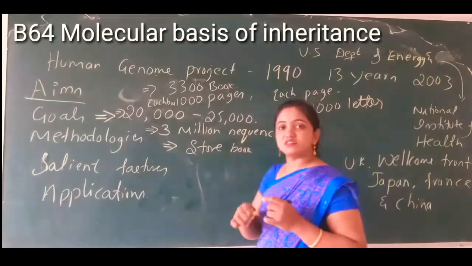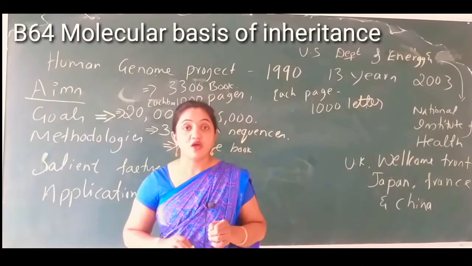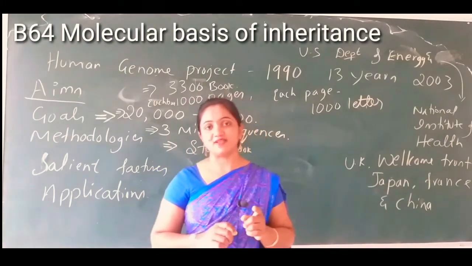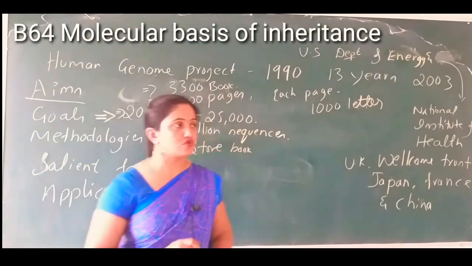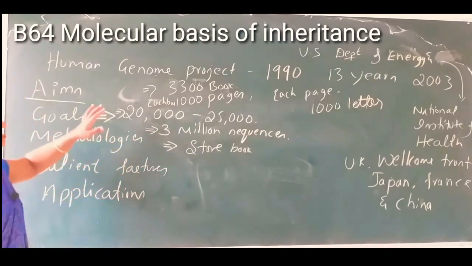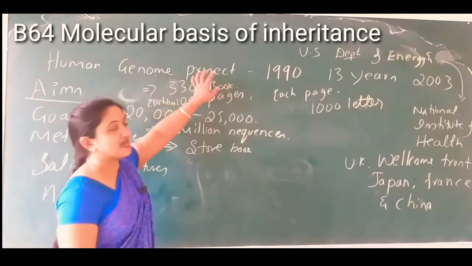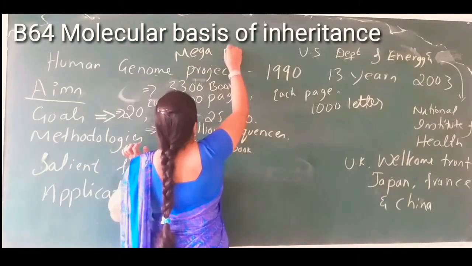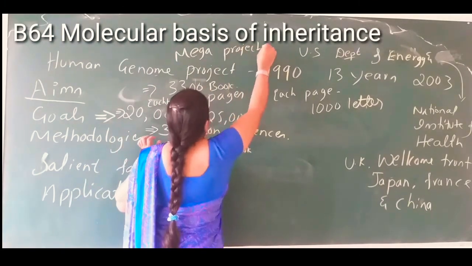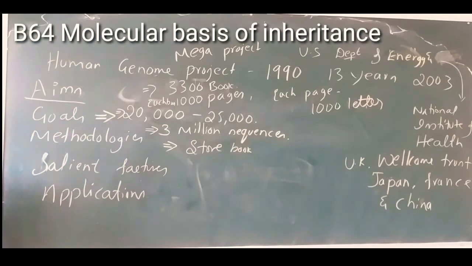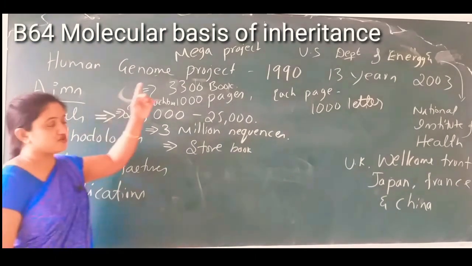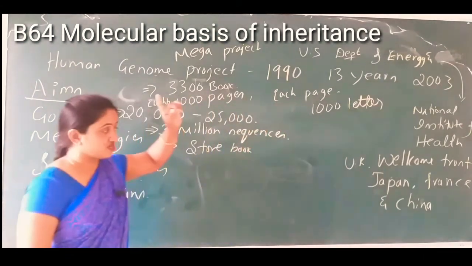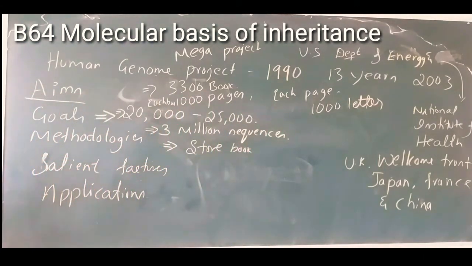Now you just calculate yourself how many base pairs are present. That is why they call this a mega project. They wanted to store all the information in a stored manner.